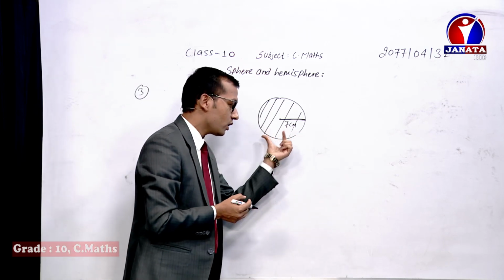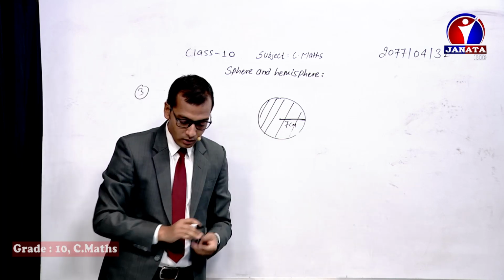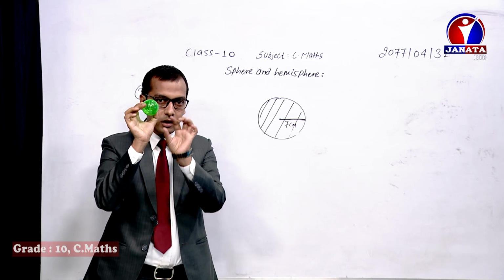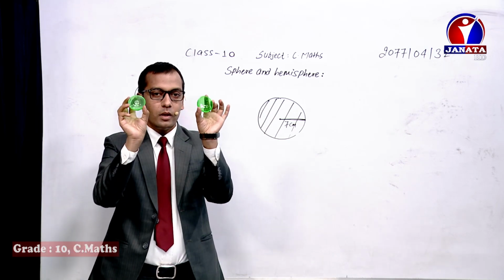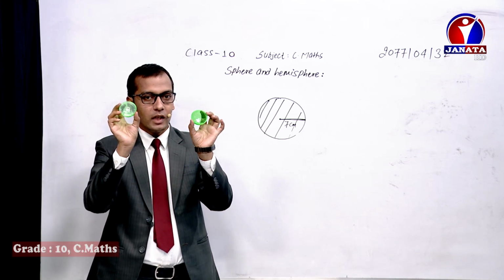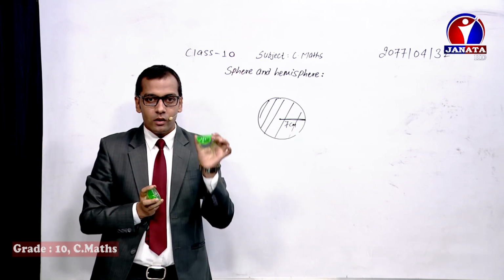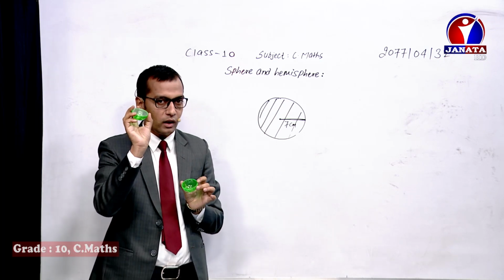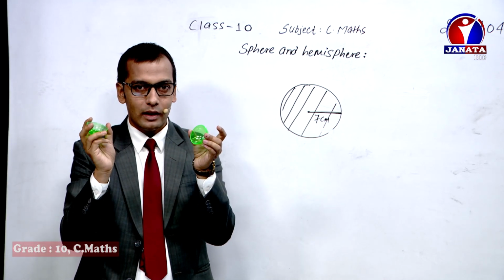Let me explain this question one more time. We have a sphere having radius 7 centimeter. This sphere is cut into two equal halves and two hemispheres are formed. Now we need to calculate the total surface area of these two hemispheres. First of all, we simply find the total surface area of one hemisphere, and we know the total surface area of each hemisphere is the same.